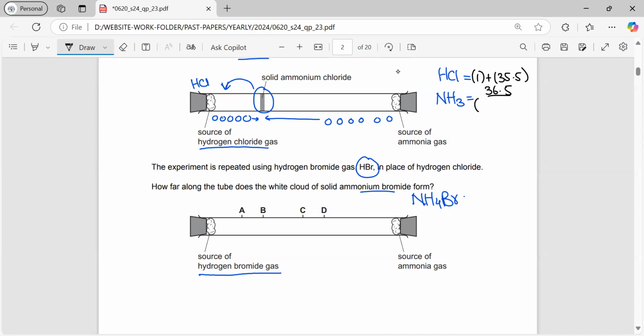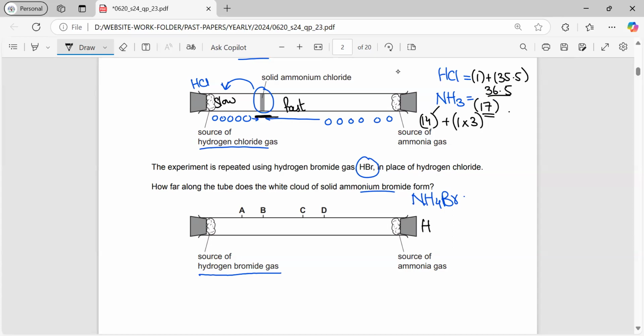And for ammonia, it's 17 because nitrogen is 14 and hydrogen is 1 multiplied by 3, so total 17. So ammonia particles are lighter in weight, so they will move faster. Hydrogen chloride particles move slower as they're heavier, so they both meet over here.